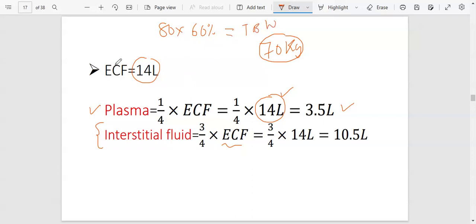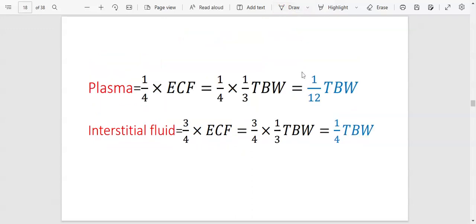And then you have now to find the extracellular fluid, which is about 1/3 of the total body water. When you find that, that is the value that you are going to use here as the ECF. So this one is for a 70 kg adult male.